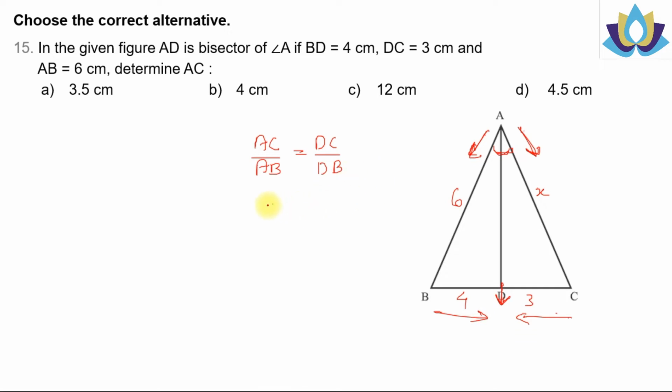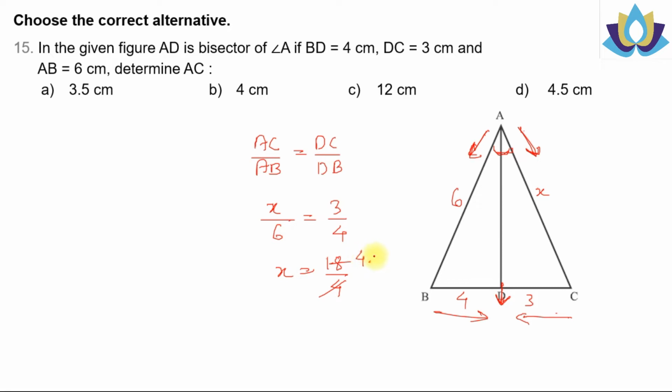Let's substitute the values. So we can write AC, the missing part, that is X, upon AB is 6, that is equal to DC is 3 and DB is 4. So your X is going to be, if I transfer the 6 to the other side, 6 into 3, that is 18 upon 4. So when you reduce this further, 4 4s are 16.